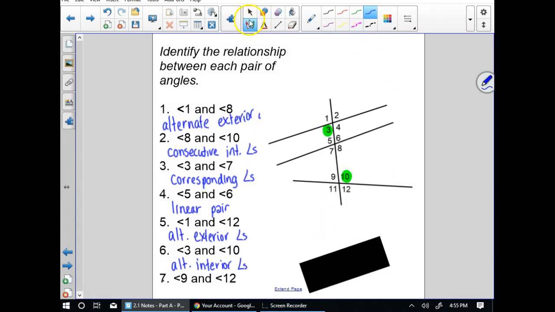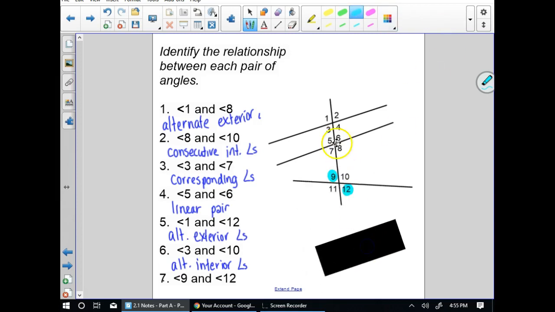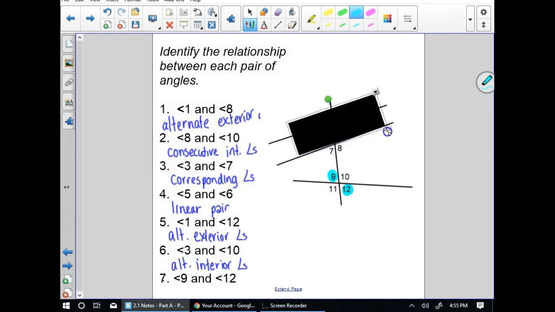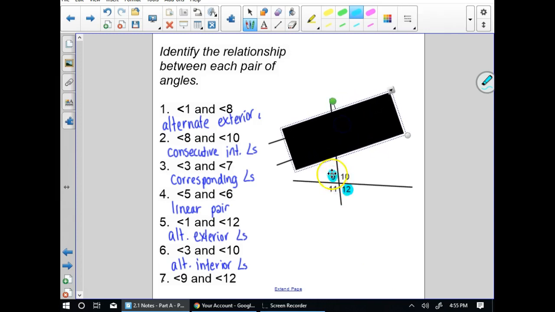And then finally, we've got 9 and 12. I'll highlight those here. Actually, these don't really involve 2 pair of lines. We could ignore everything up here. This is another set of angles that we did not list in the prior slide.